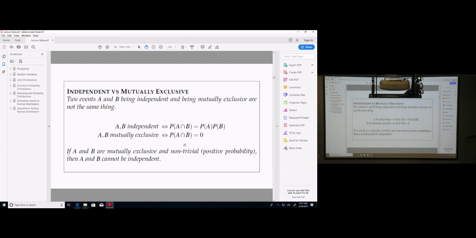So A and B are independent if and only if, and this is a definition, the probability of the joint happening is equal to the product of the individual probabilities of their happenings. I wanted to change the second line a little bit. So this is what I want to change.